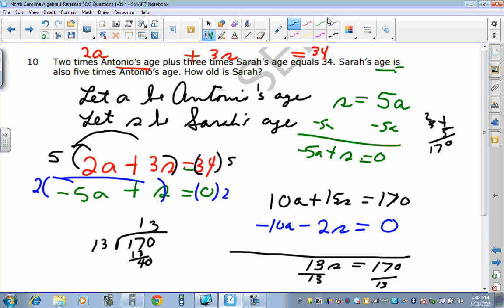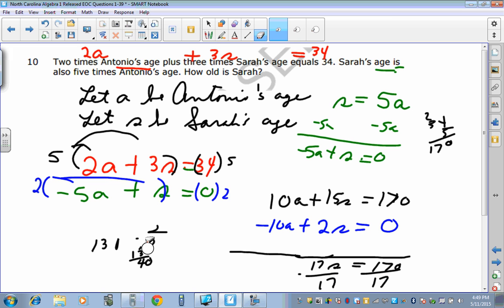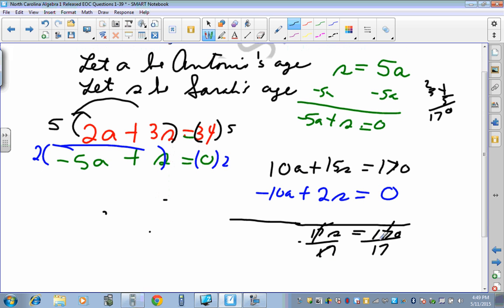Ah, I see my mistake. I bet you already saw it. That should have been plus 2S. Why didn't somebody say something? All right, and that gives you 17S equal to 170. Thank goodness we caught that. I hope Oprah's not watching. This would be so embarrassing. And your answer is 10. So Sarah is 10 years old.